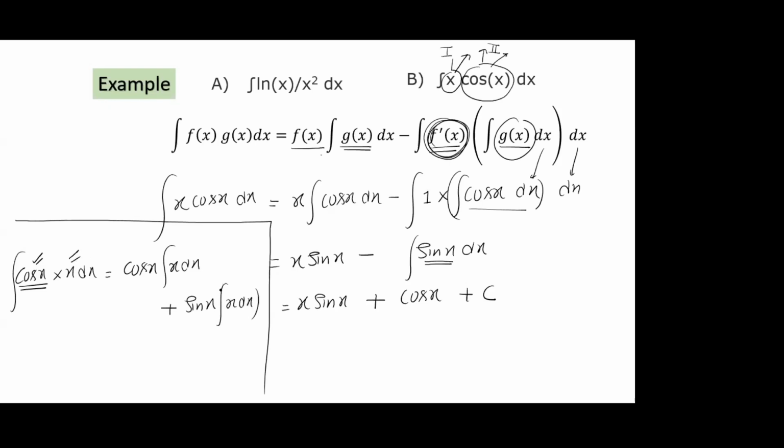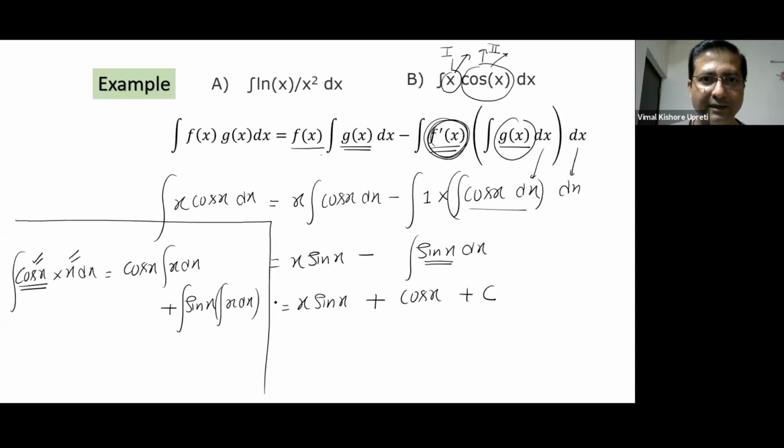And then after doing this, I need to again integrate. This is the formula. Look at the expression. The integration of x will give you x square by 2. Now here, this will give you x square by 2, and we still have sine left. x square by 2 into sine x is what we need to integrate.